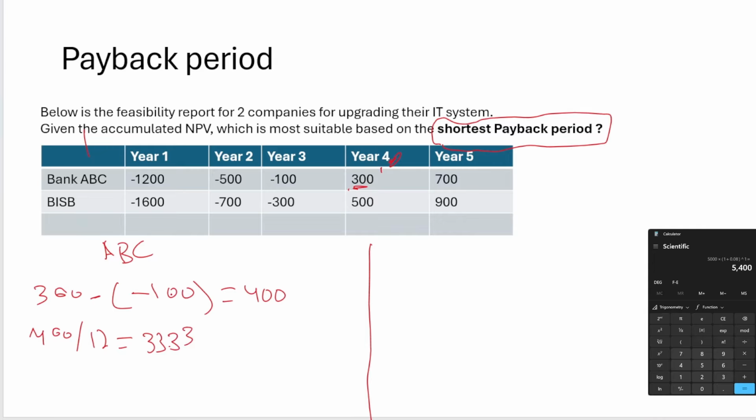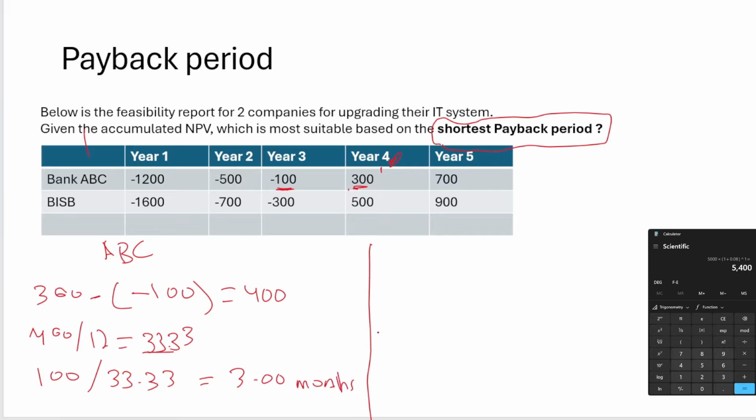Now we take the number before it turns positive, the year before it, 100. So we'll do 100 divided by this value we got, 33.33. We get approximately 3. Let's say this is 3 months. We need 3 months to recover.